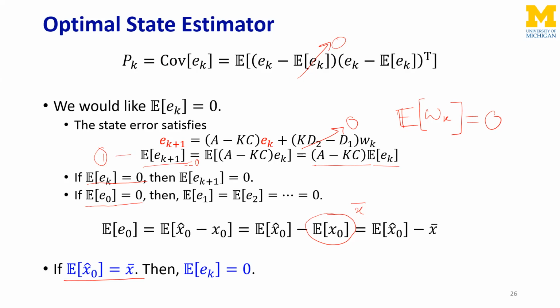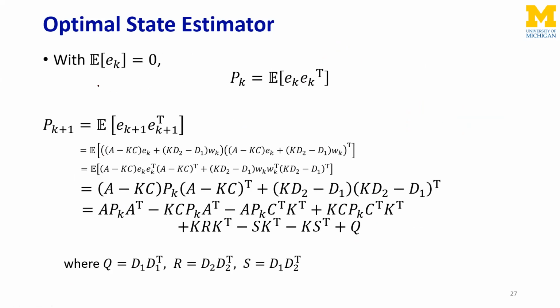We are going to basically lose these two expected value terms. So with this perfect case, amazing coincidence, we end up with the covariance matrix, which looks like this. Now, if P_k is equal to this, then P_{k+1} is just given by this. You just replace k with k plus 1.